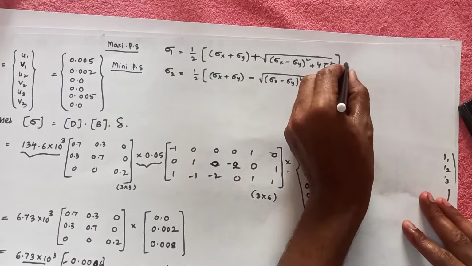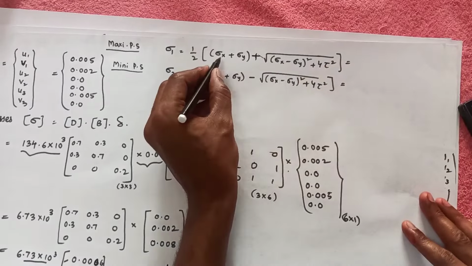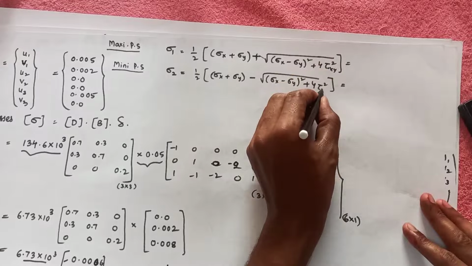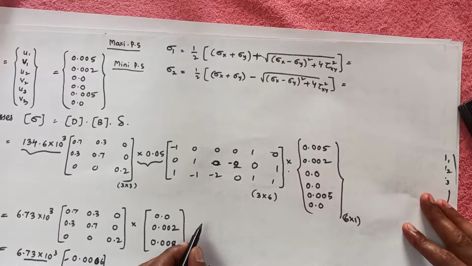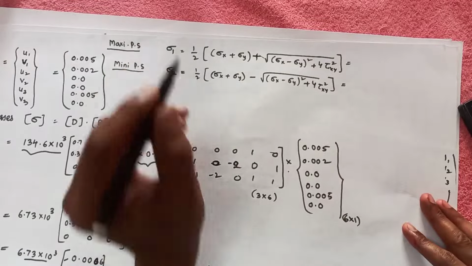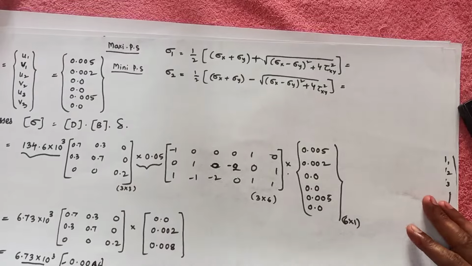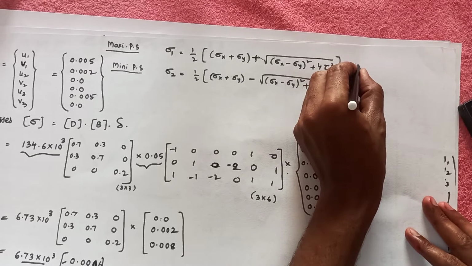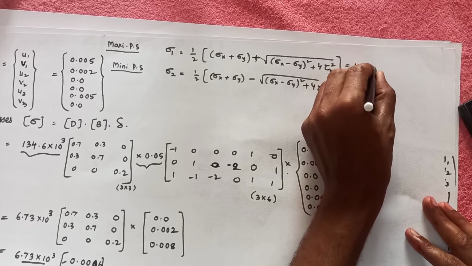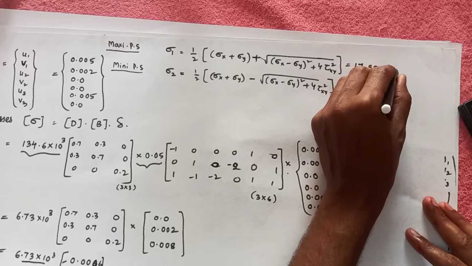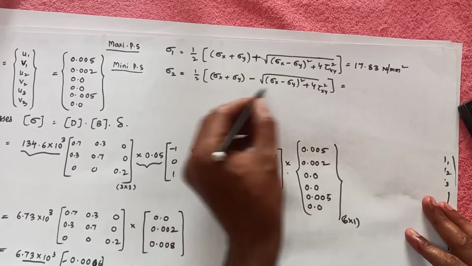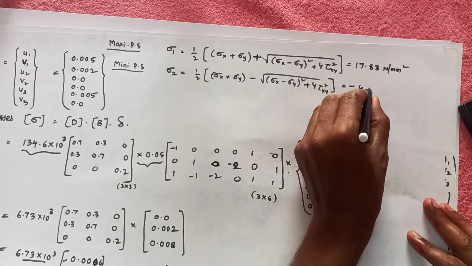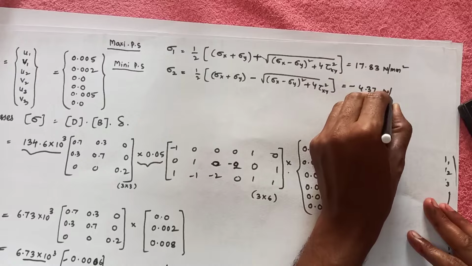You can calculate this value now, just substitute sigma x, sigma y and tau xy. After substituting, I have the values: sigma 1 is 17.83 Newton per millimeter square, and sigma 2 is minus 4.37 Newton per millimeter square.